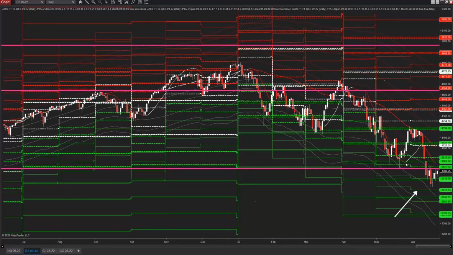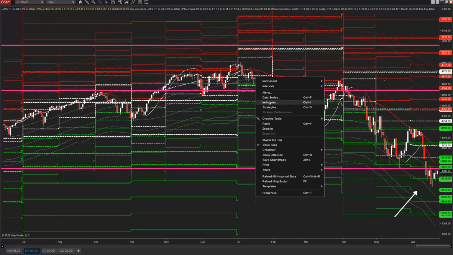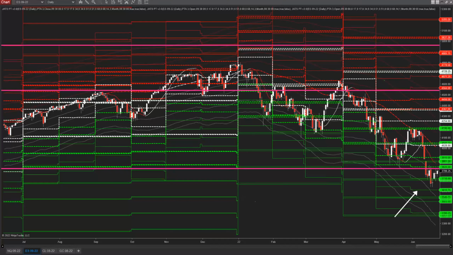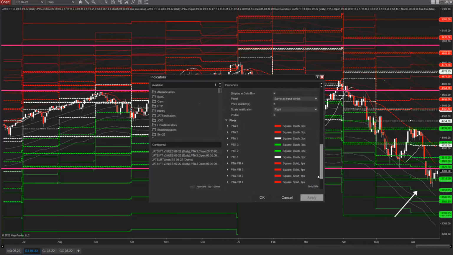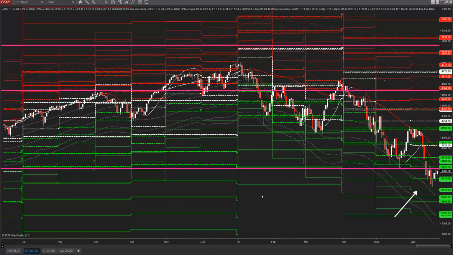But normally on your quarterlies, make it real thick so you can see it. Right there.